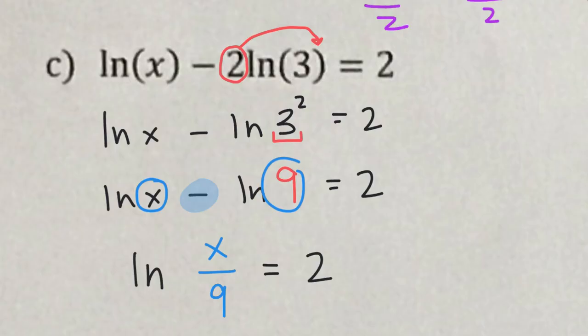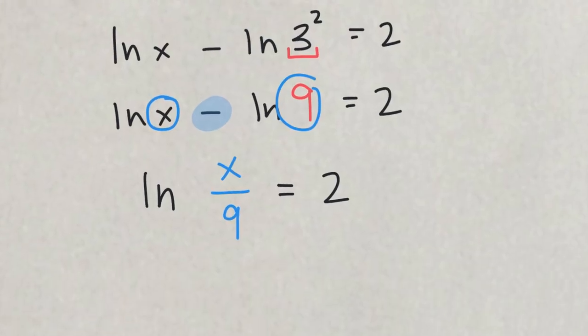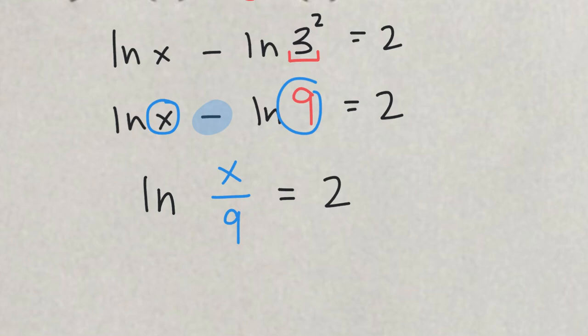So the first thing we do when we have multiple logs is to combine them by using their properties. So now I have natural log equals 2. How do I go about solving it when I only have one log? I want to rewrite this as an exponential. I rewrite it as an exponential if I only have one log on one side.